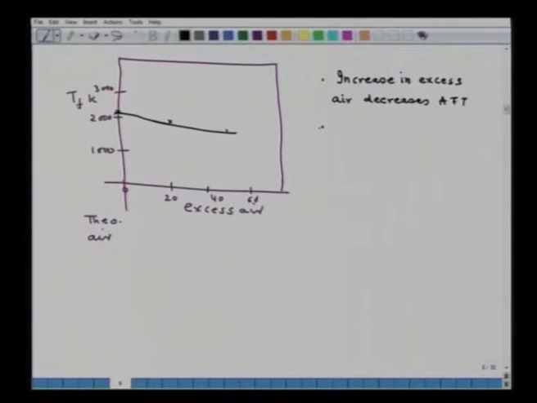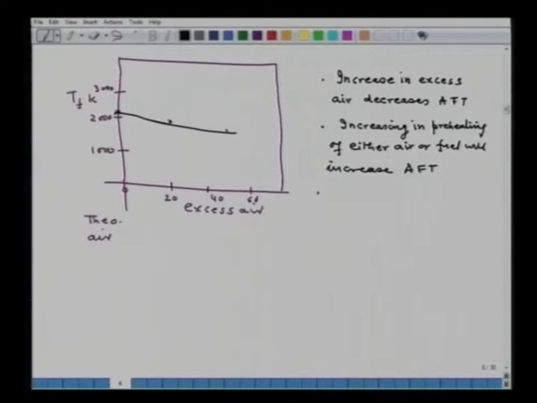The exercise which you can also do is that increasing preheating of either air or fuel will increase AFT.